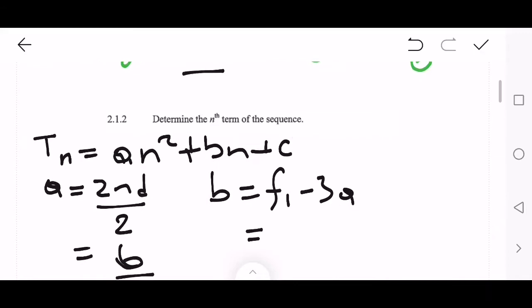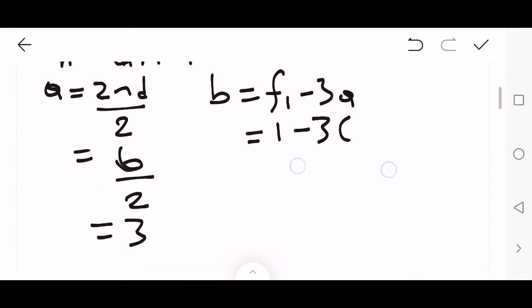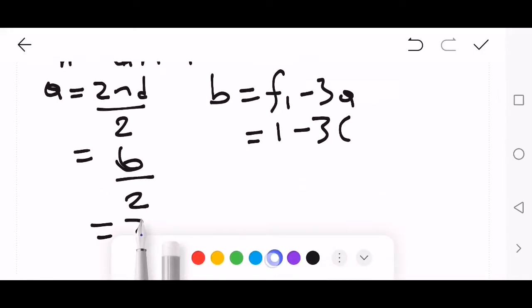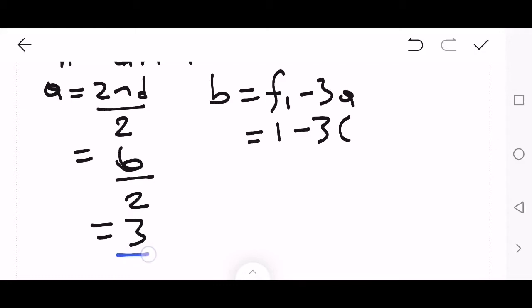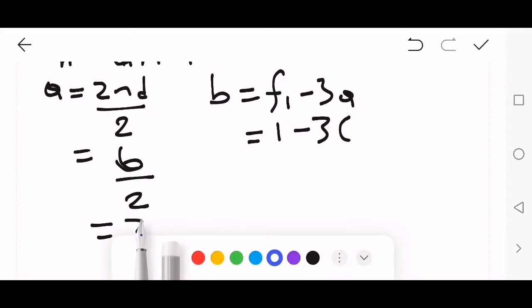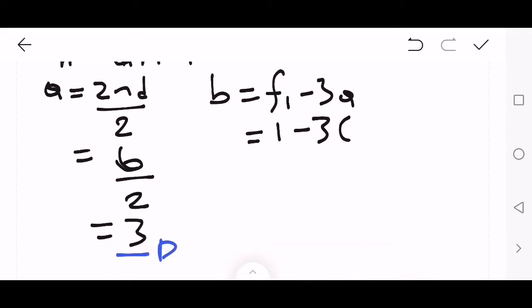So we're going to have 1 minus 3 into, we have already found a to be 3. So that is 1 minus 3 times 3, that's going to be minus 8.